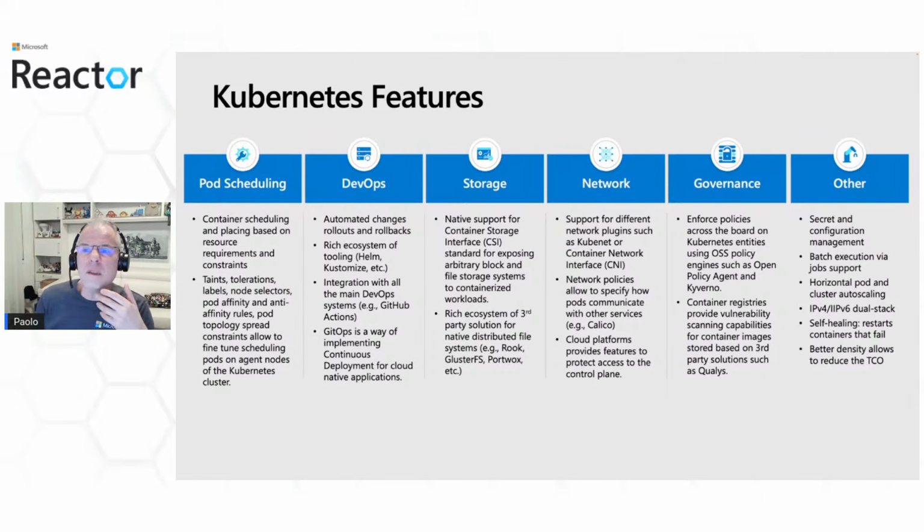And one of the methodologies that is emerging quite a lot and becoming more and more popular is GitOps, which is a way of implementing continuous deployment for cloud native applications.